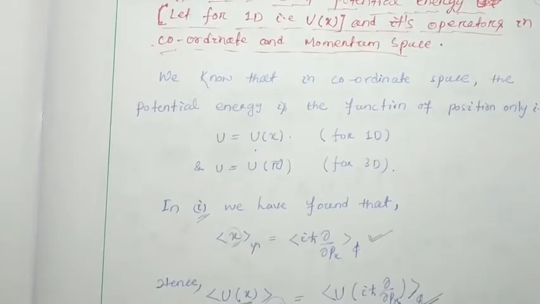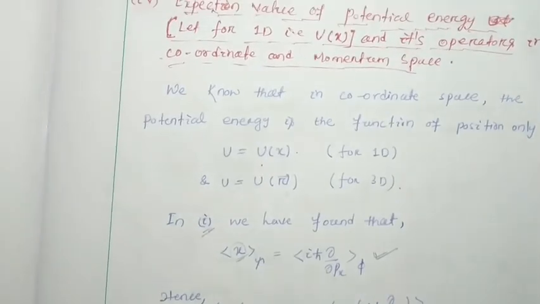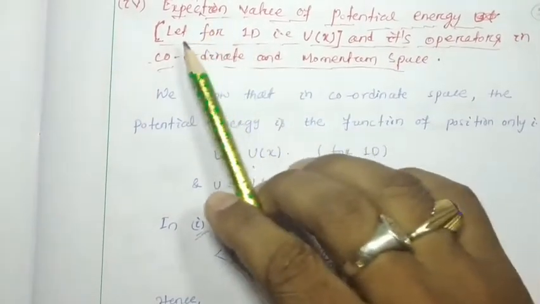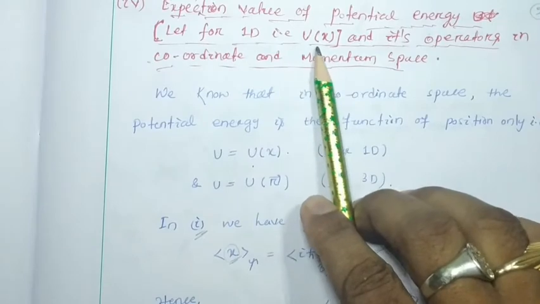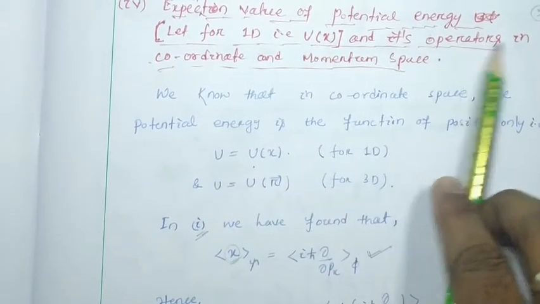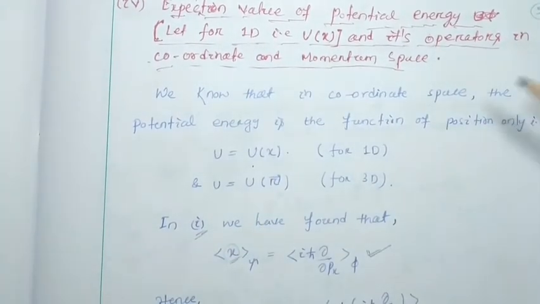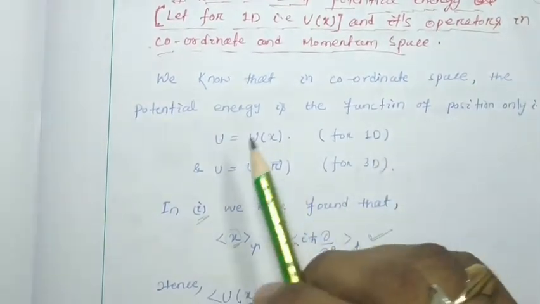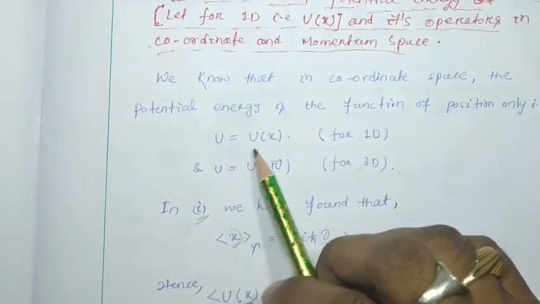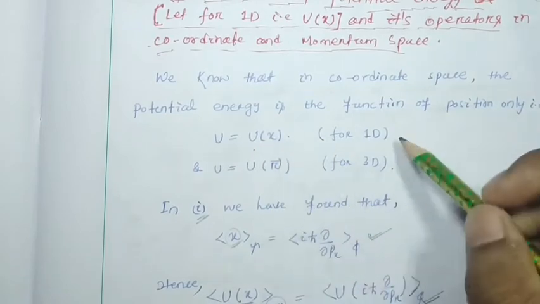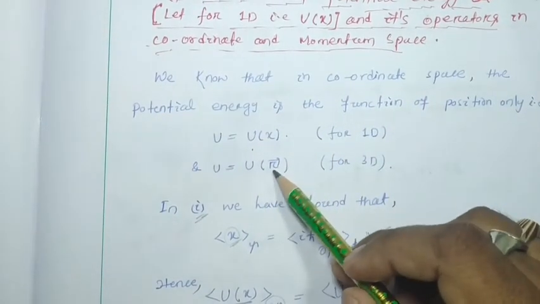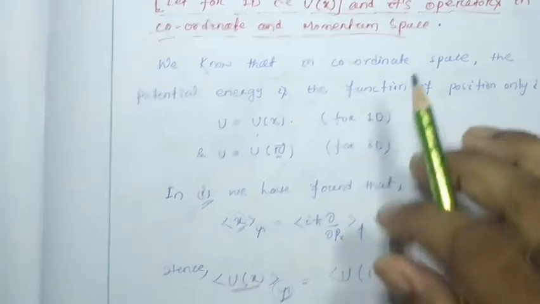Okay, next we move to the potential energy. The expectation value of potential energy is represented by U(x) in one dimension, and we want its operators in coordinate and momentum space. For 3D it can be represented by the position vector r.